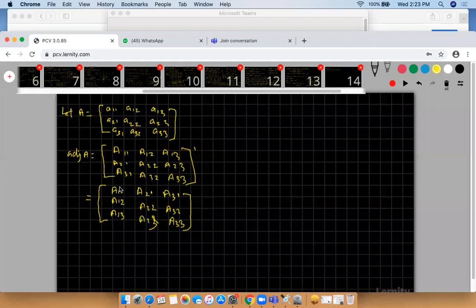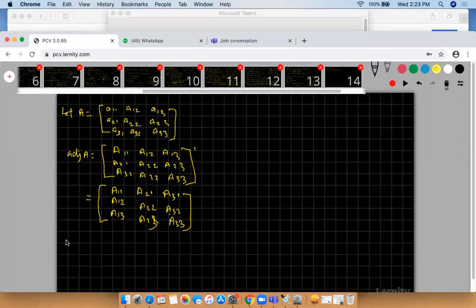That means the first column holds the cofactors of the first row elements, the second column the cofactors of the second row elements, and the third column the cofactors of the third row elements. Find the cofactors row-wise and write them column-wise. That is your adjoint of A.